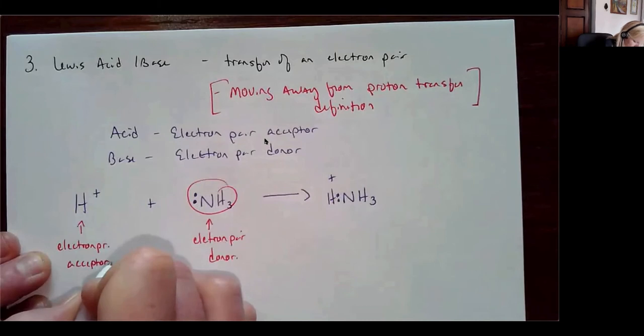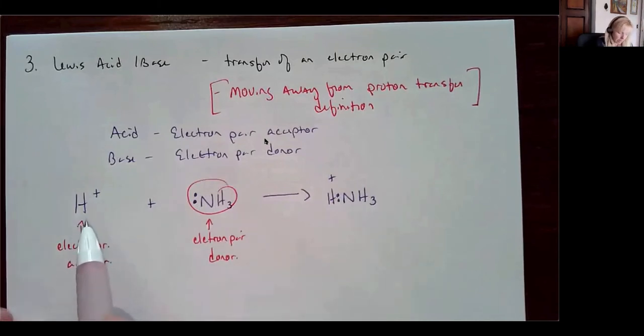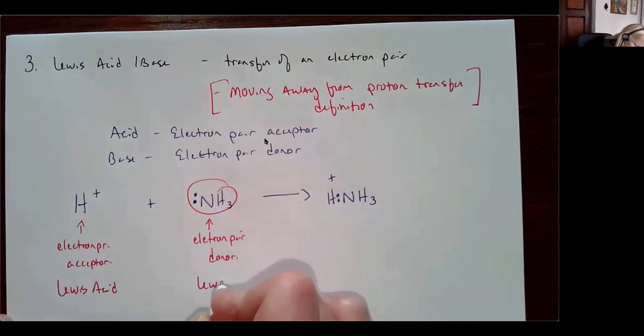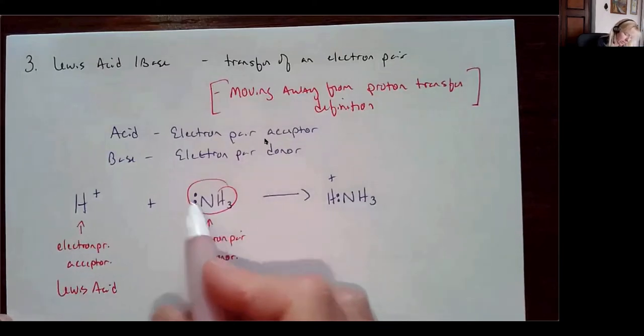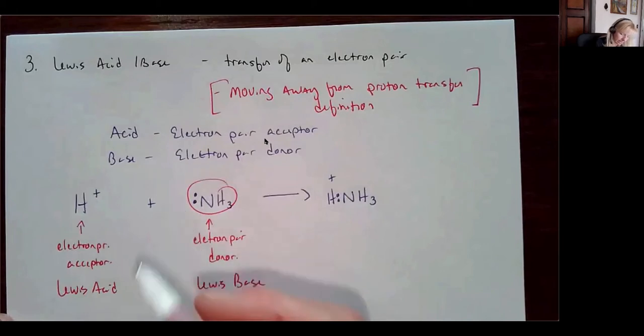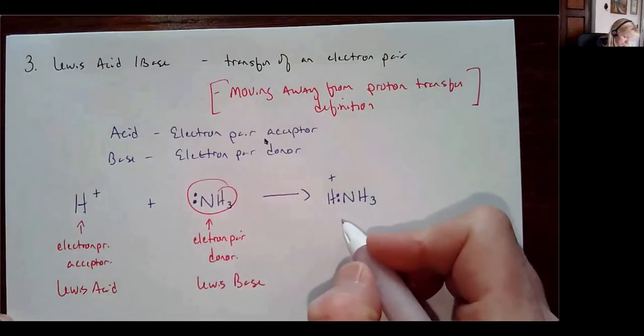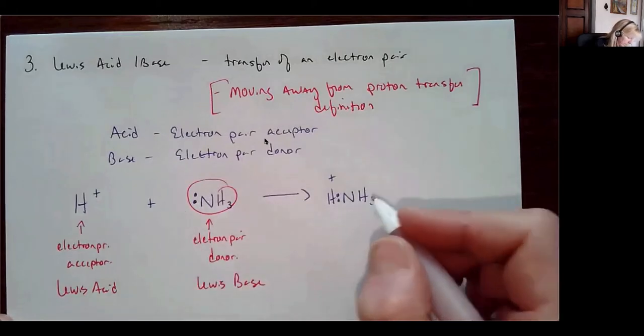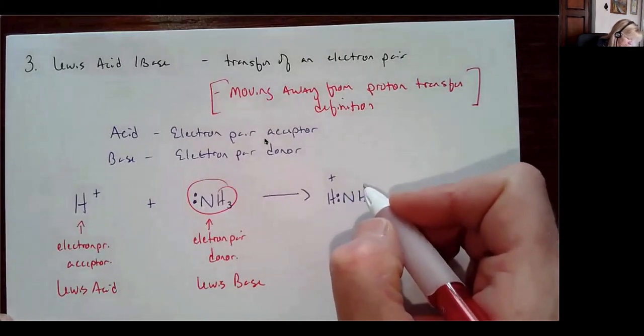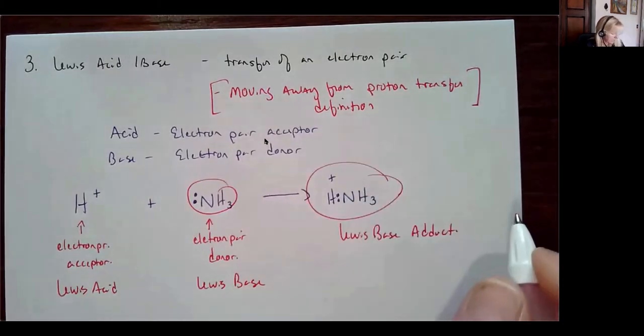So anything that has space to accept an electron pair and the ability to get in, so it's not huge, can be a Lewis acid. Anything that has a lone electron pair on the central atom that has the space so that this acid can get in close to it can be a Lewis base. And then this whole thing here is called a Lewis acid base adduct, meaning it's this complex.